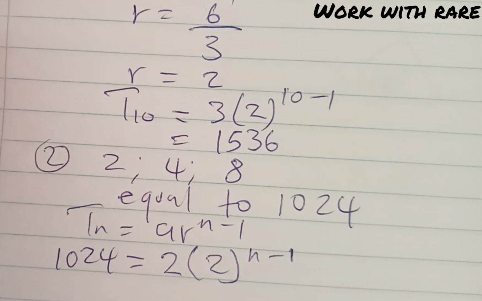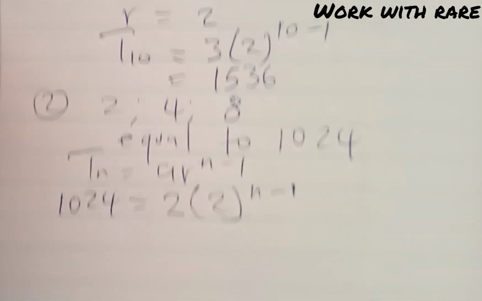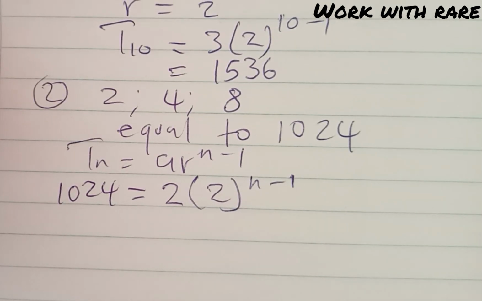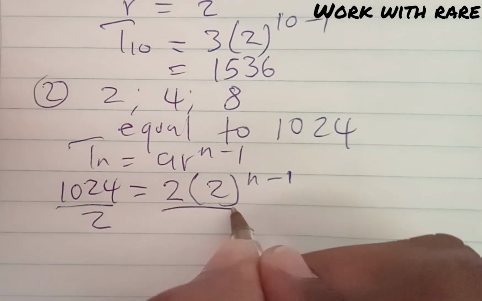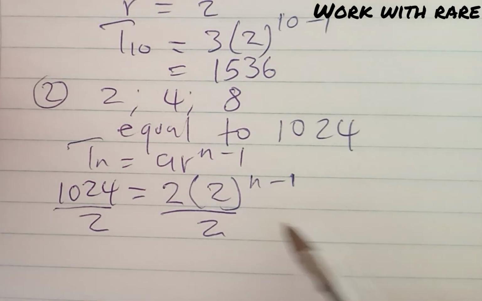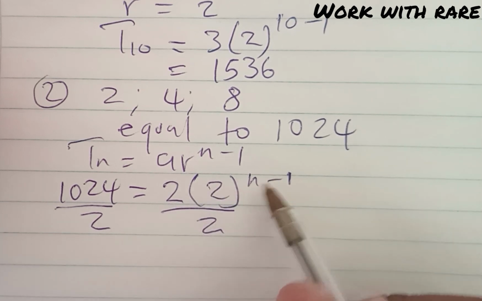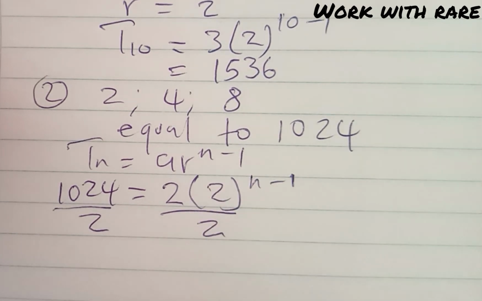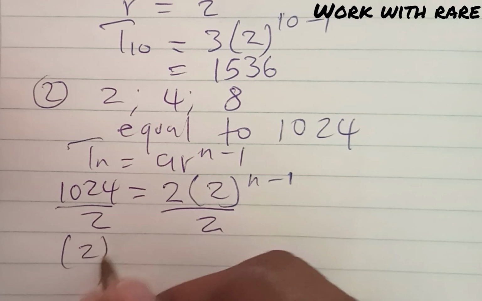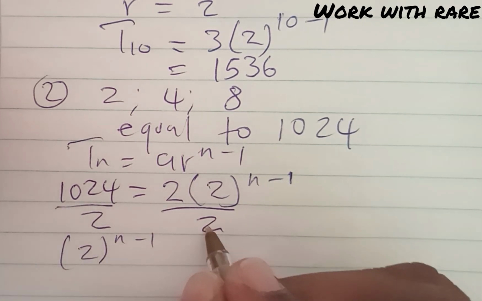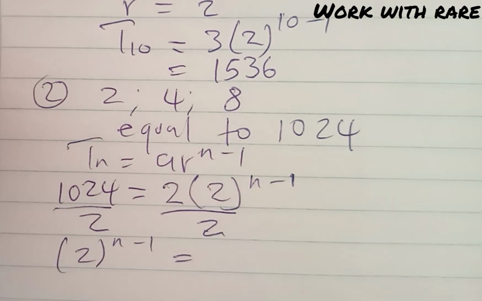Okay, so after this step, you don't have to do anything with the bracket, but you have to divide both sides by 2. Let's take this one because it has the unknown on the left hand side. This 2 will cancel this 2, right?